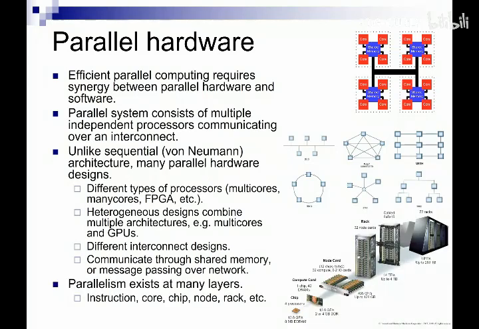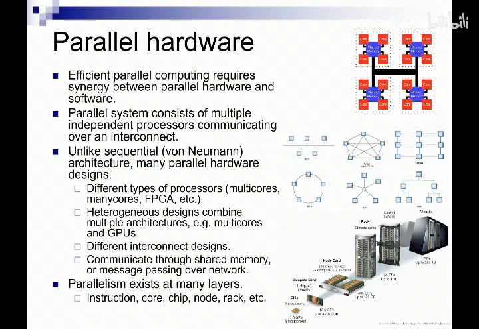Something else I will say is that when you build a parallel computer, it's not a uniform system. Rather, it's a hierarchical system where we have parallelism at multiple different levels. The overall parallelism that you have is the aggregate of all the parallelism at the different levels. For example, this figure on the right is showing the design of a supercomputer.